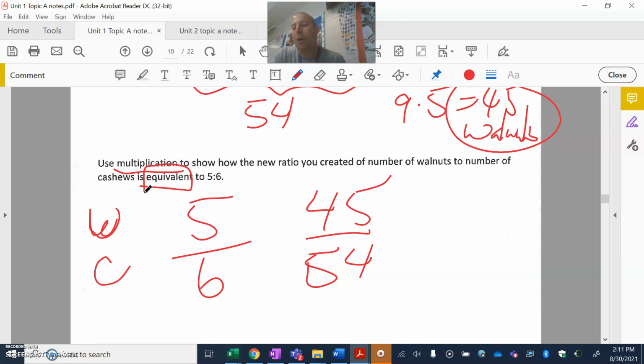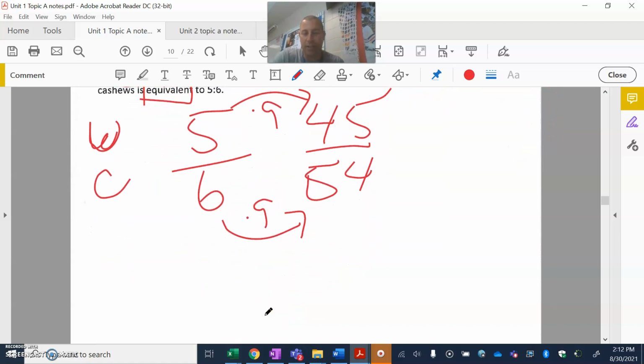Well, what do you multiply 5 by to get to 45? You multiply by 9. And if you multiply that 9 times that 6, do you get 54? Yes, we do. So we multiplied by the same number. We've got equivalent ratios, people, and that's the key thing here. Multiply by the same number, equivalent.